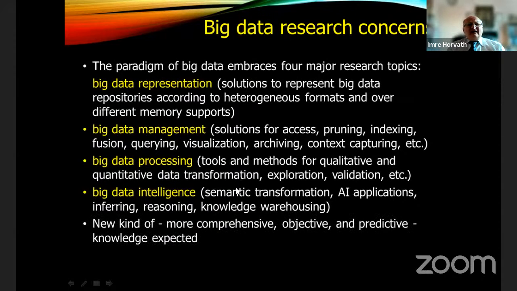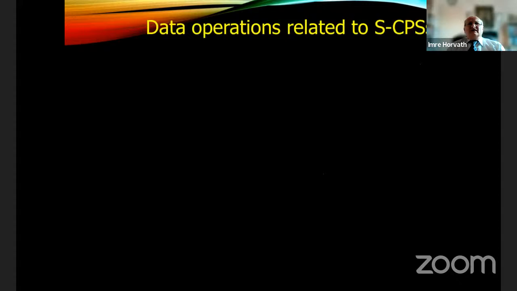And then big data intelligence, which means semantic transformation, AI application, inferring, reasoning, and knowledge warehouse. What we can say is that a new kind of more comprehensive, objective, and predictive knowledge is expected. Just consider, for instance, our smart cyber-physical systems, which will not be able to make reasonable and reliable decisions based on loosely formatted knowledge.